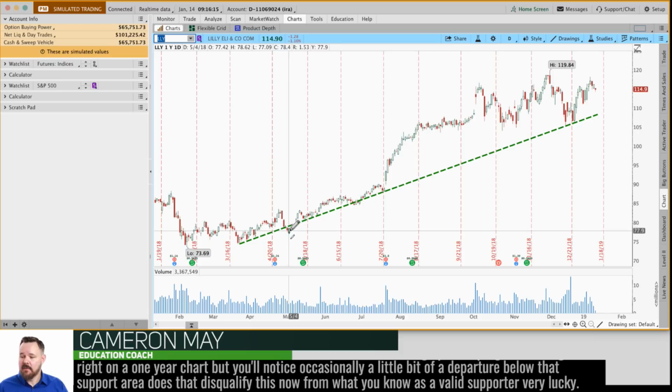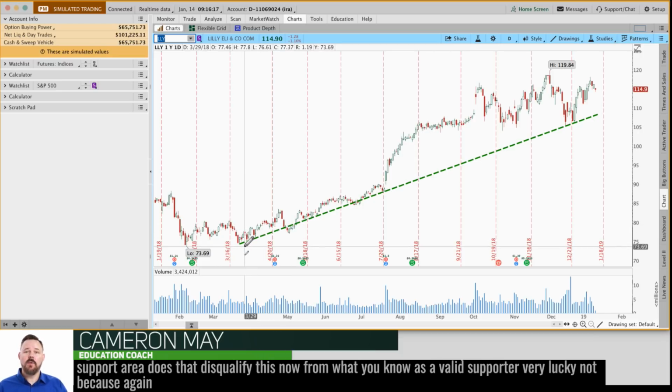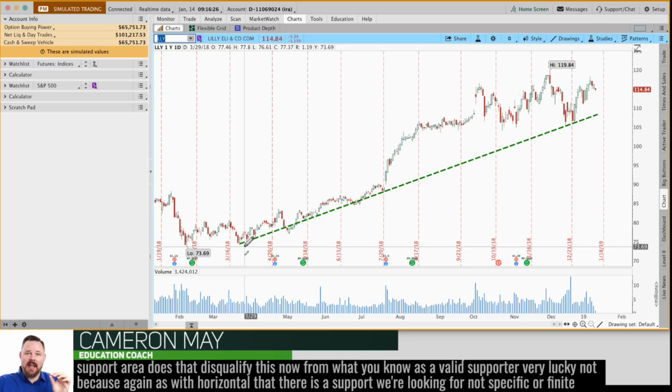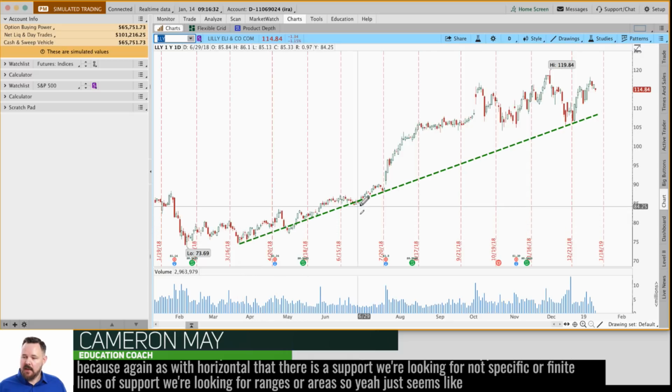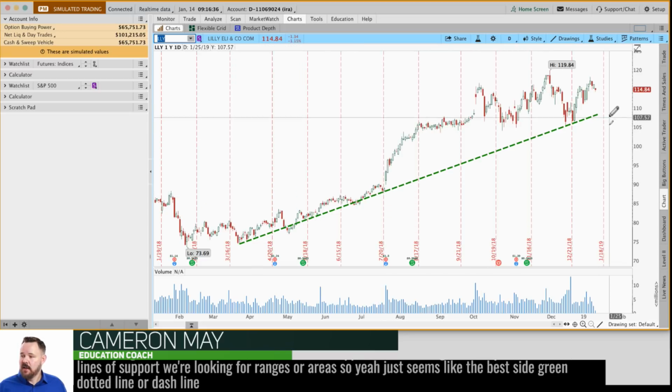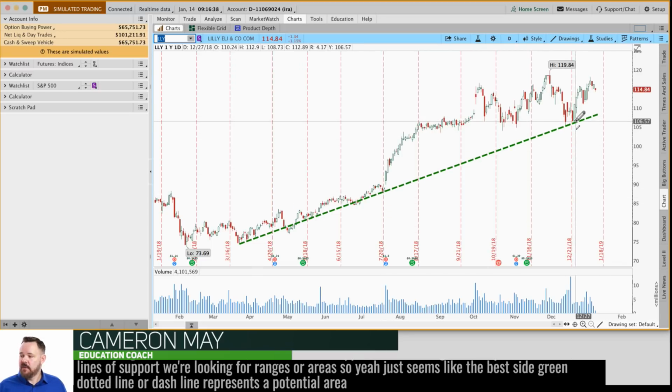Very likely not, because again, as with horizontal areas of support, we're looking for not specific or finite lines of support. We're looking for ranges or areas. So yeah, it just seems like this green dashed line represents a potential area of support.